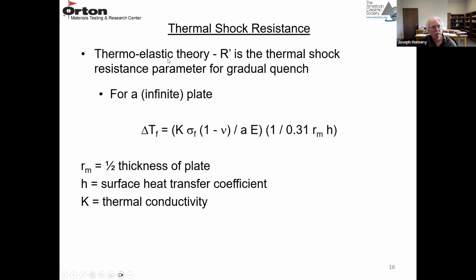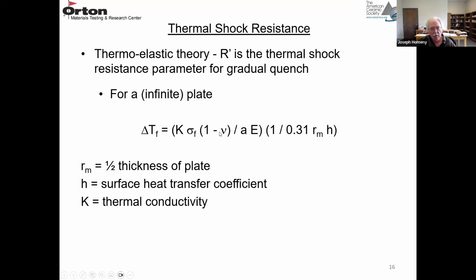The other R parameter in the thermoelastic theory is R prime. It's for a gradual quench. So we start out again with a plate, an infinite plate. So our delta T for fracture. Some of this equation is the same.